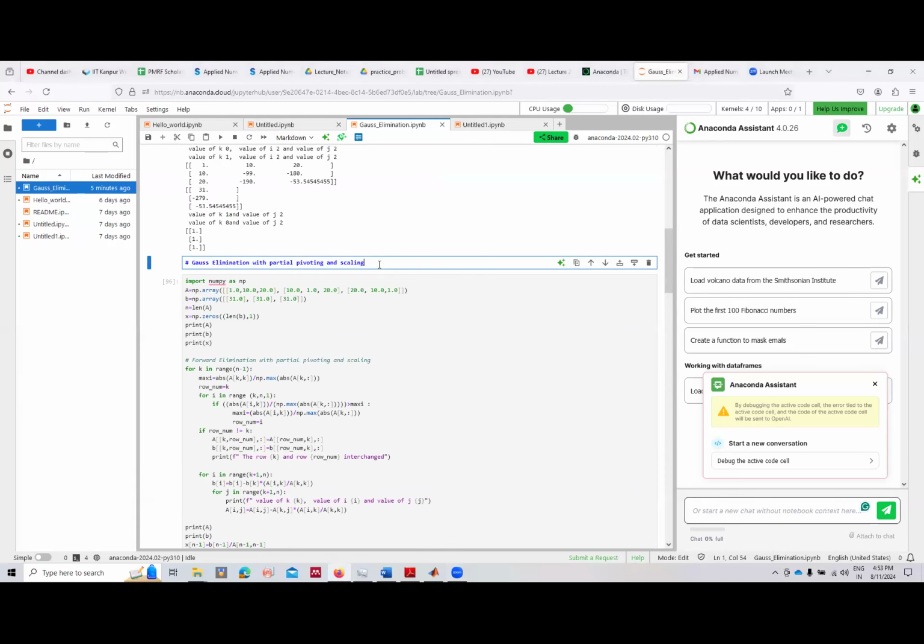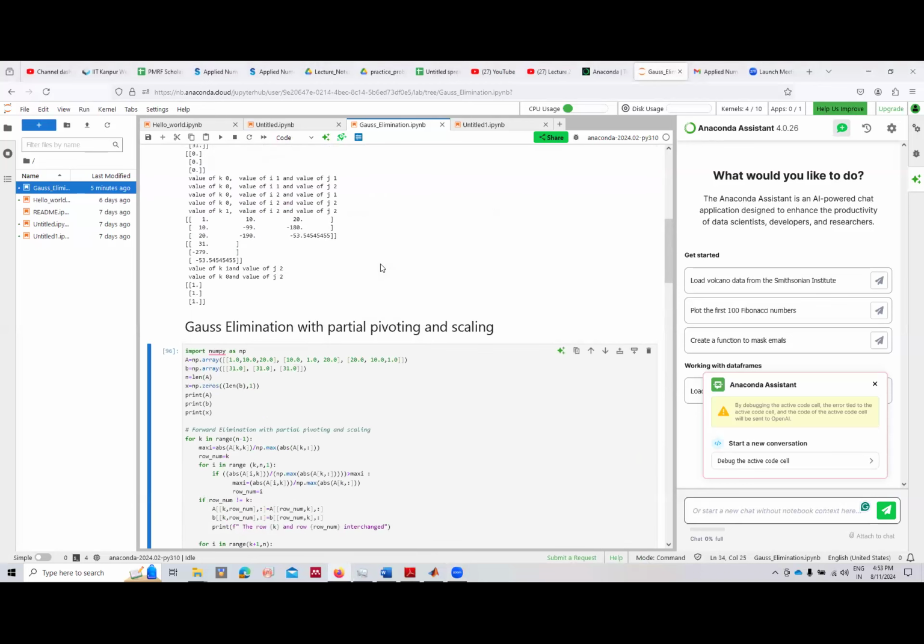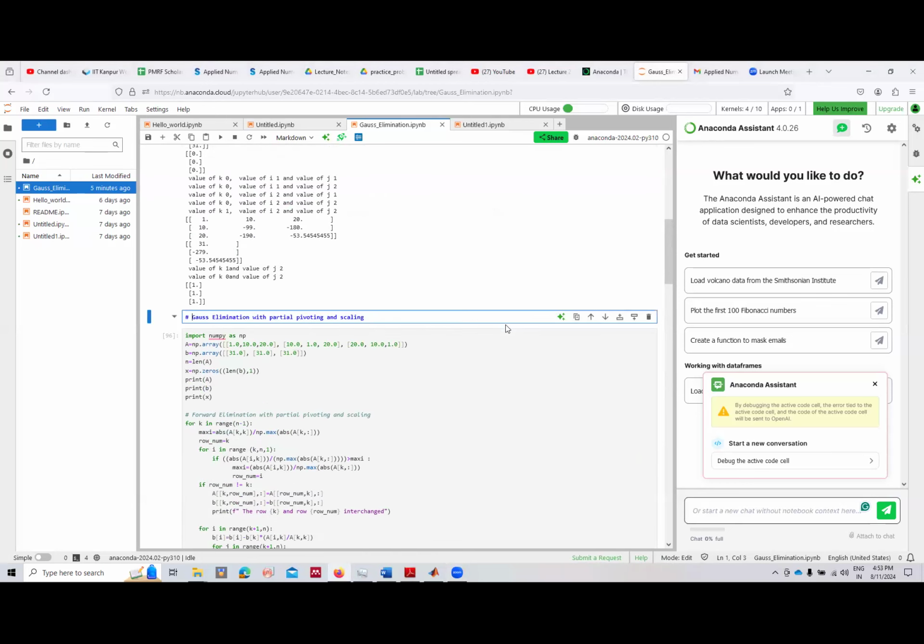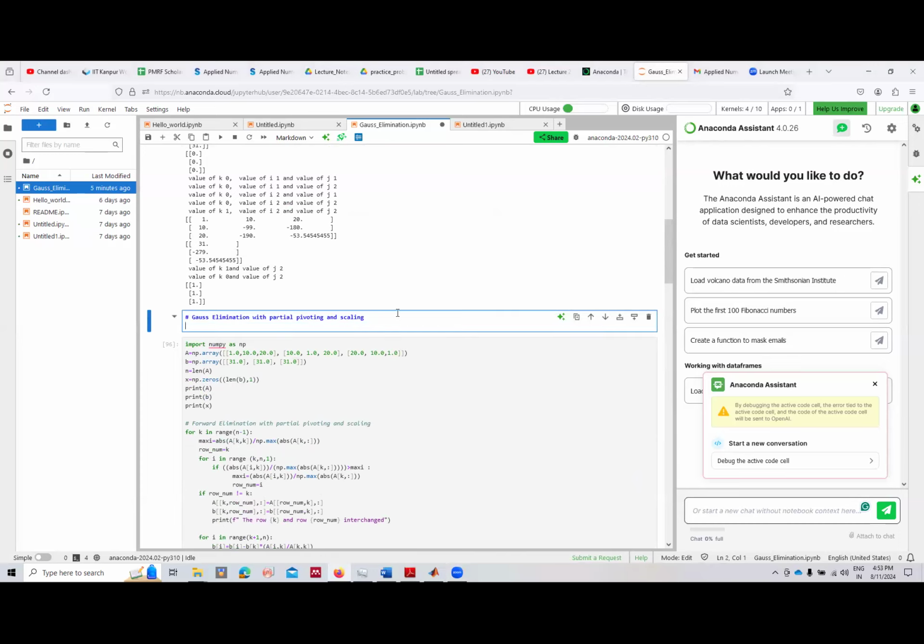So here I have already done this. The same equation we want to solve. What was the equation? x plus 10y plus 20z equal to 31.